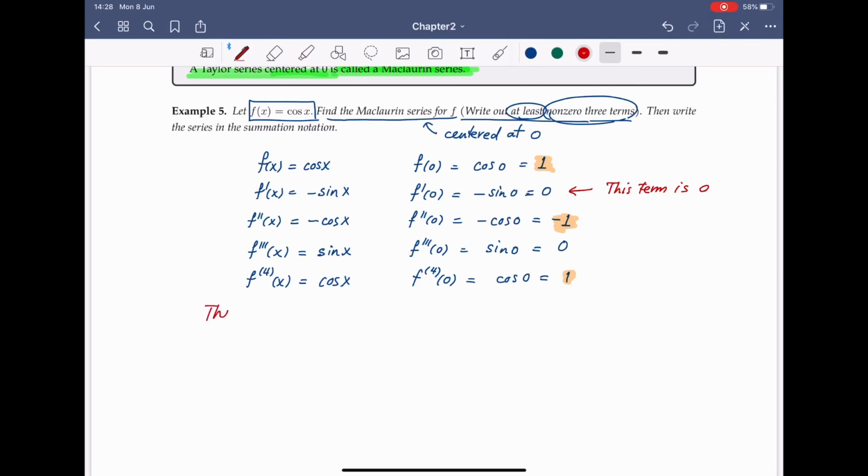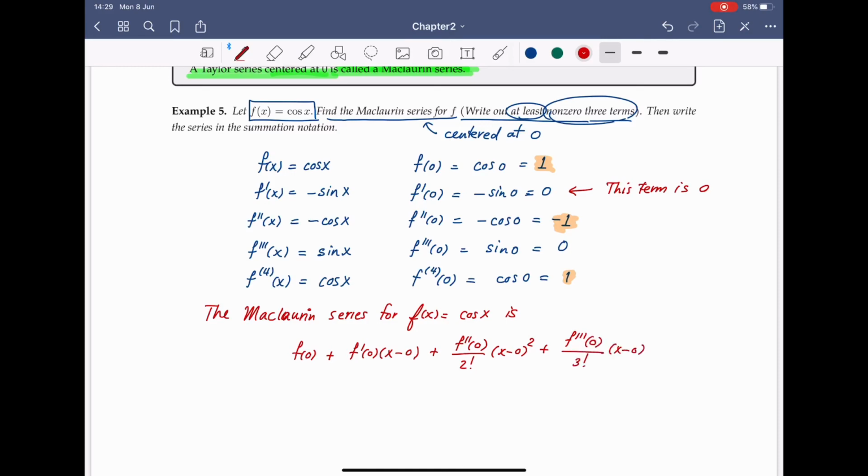The Maclaurin series for f(x) equal to cosine x is f(0), plus f prime 0 times (x minus 0), plus f double prime 0 over 2 factorial times (x minus 0) squared, plus f triple prime 0 over 3 factorial times (x minus 0) cubed, plus the fourth order derivative at 0 over 4 factorial times (x minus 0) to the fourth power, plus dot dot dot.